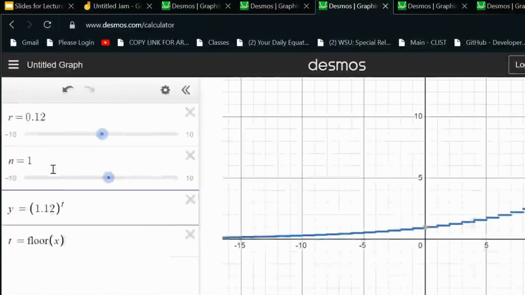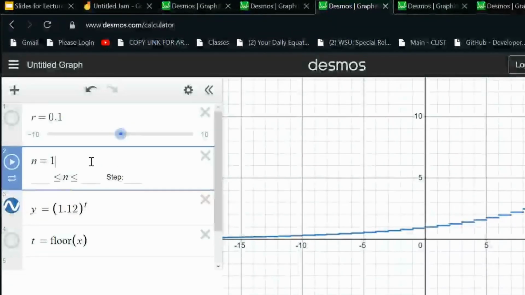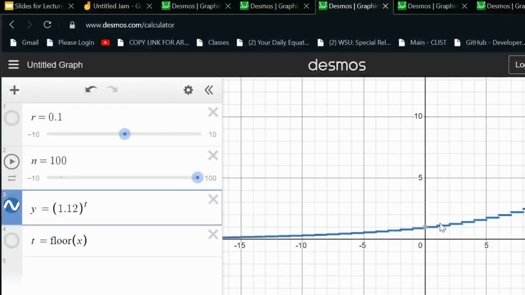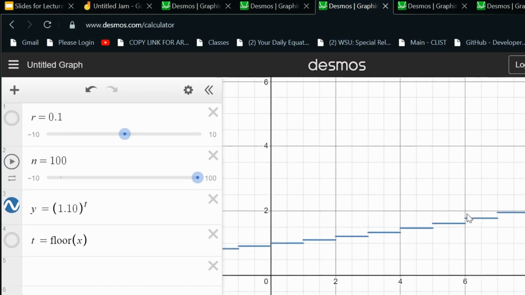If this is for 10% interest rate, so let's say just make it 0.1, then it jumps to 1.1 and it stays there for the next year. So that's how compounding interest generally works. For the next year, you will get the interest on your 100 rupees that you submitted, and on the amount of money that you got as interest, the 10 rupees. This is how general compounding interest works, right?